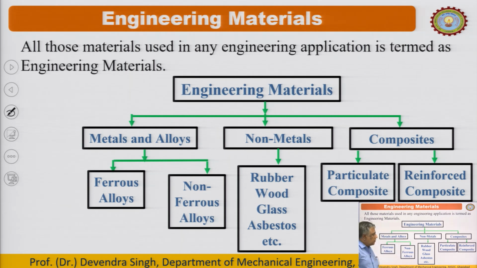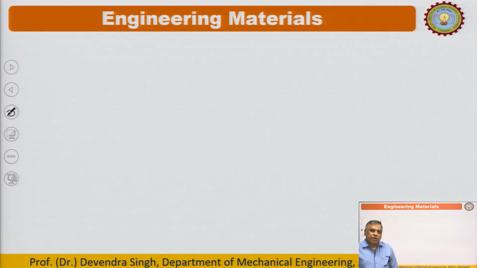So, composites can be further classified into particulate composite and reinforced composite. Particulate composite we make by powder metallurgy, and reinforced composite has a matrix material and a reinforcement material.